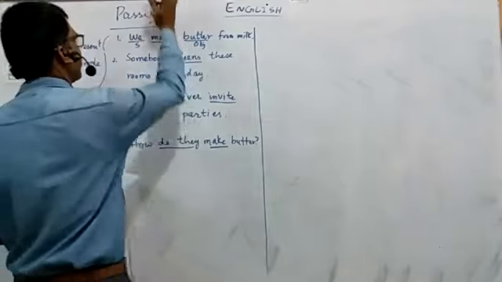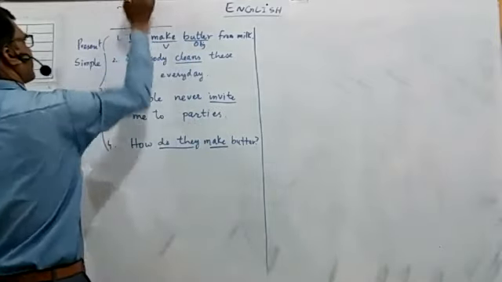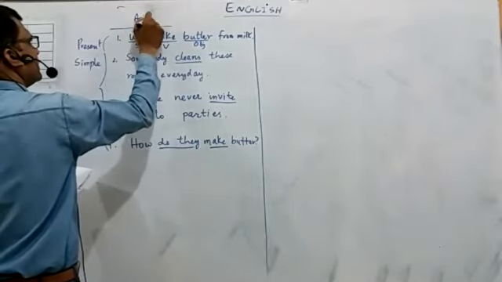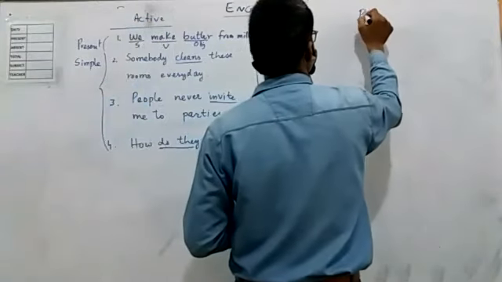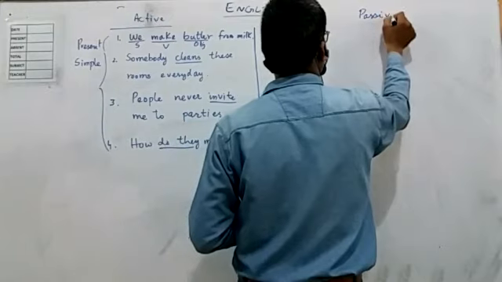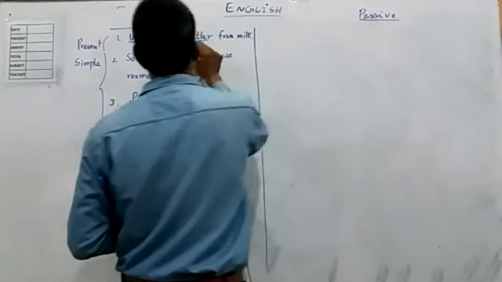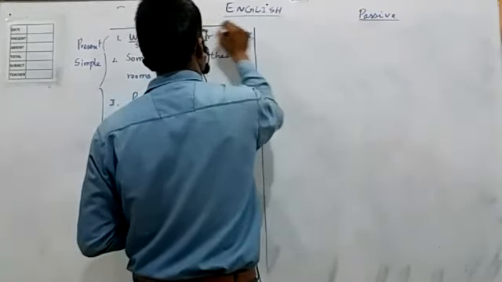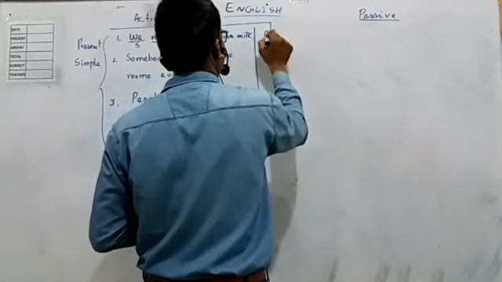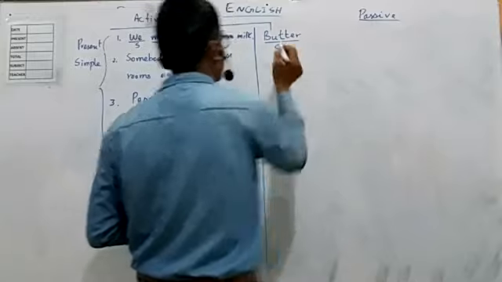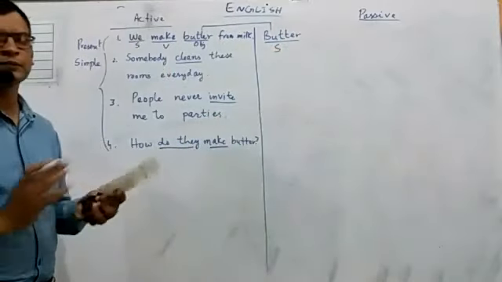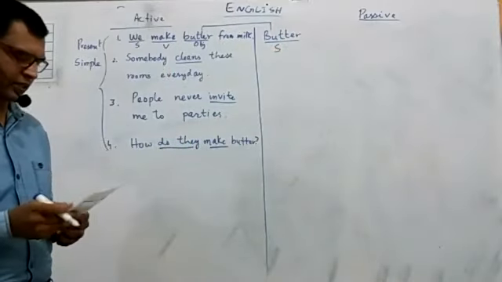Okay, so these are active sentences. And how do we make passive? So butter is the object. We will make this butter the subject of our passive sentence.